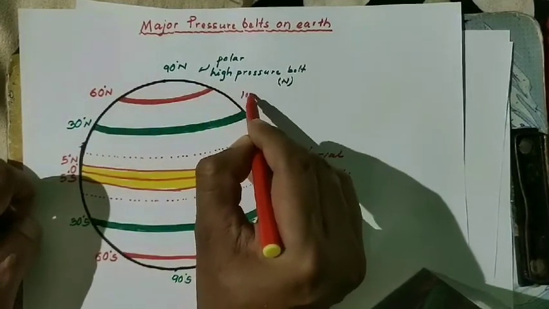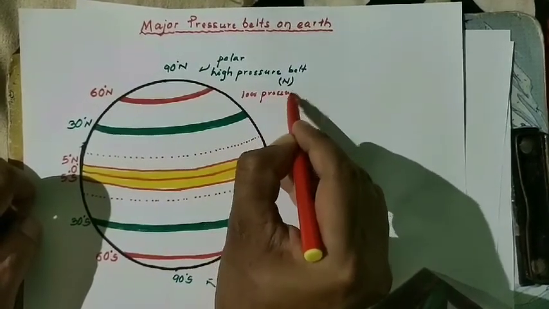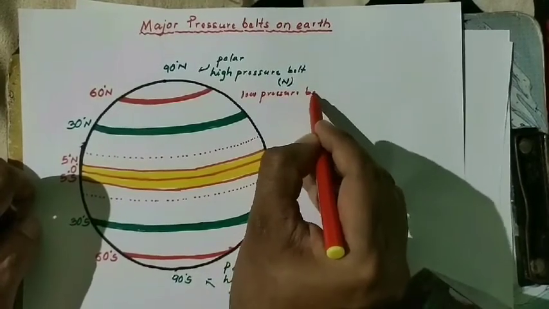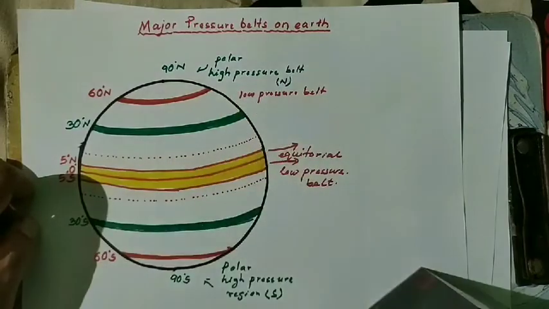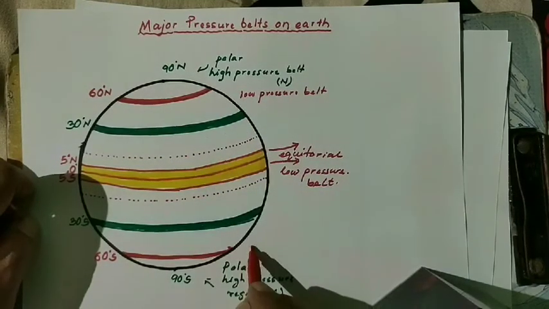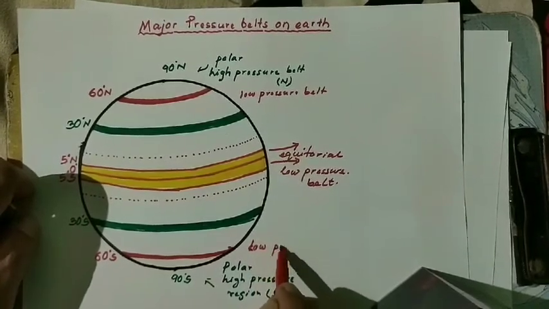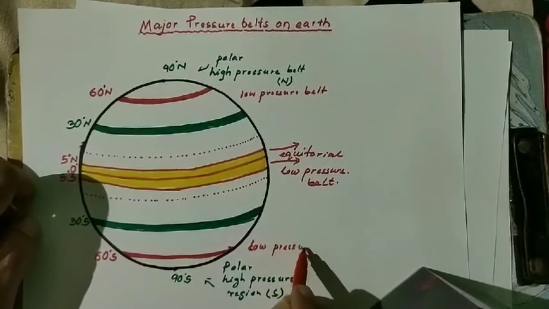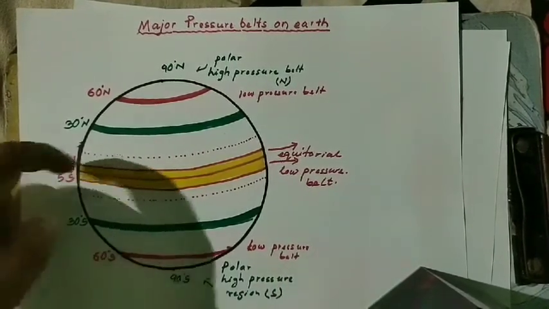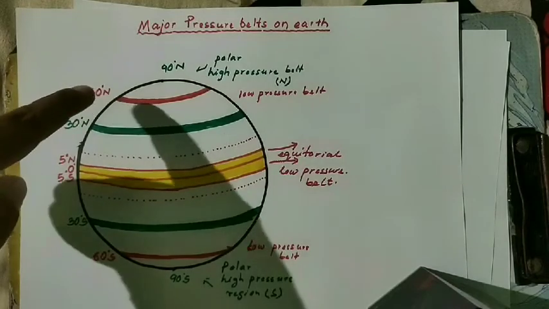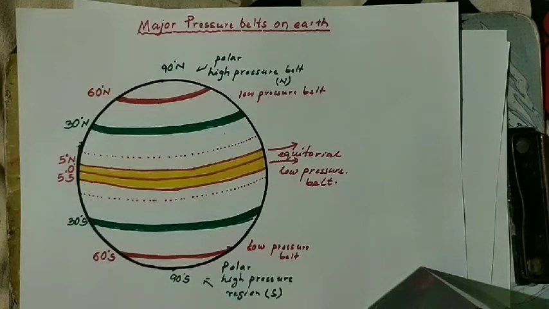A low pressure belt at 60 degree latitude, in the northern hemisphere and also in the southern hemisphere. Clear? Yes. The 60 degree latitude, north and south, both have a low pressure belt.